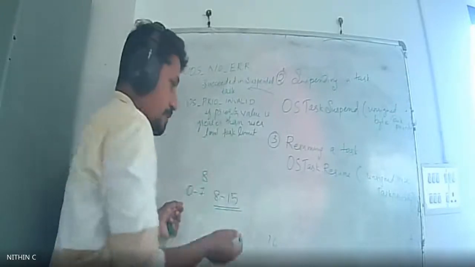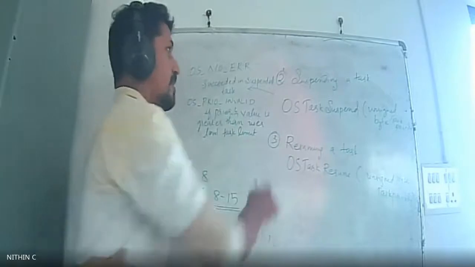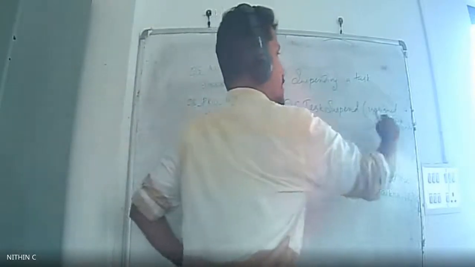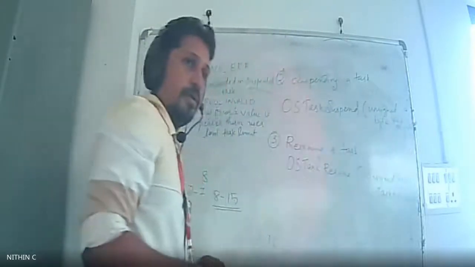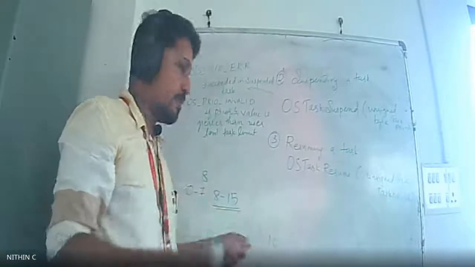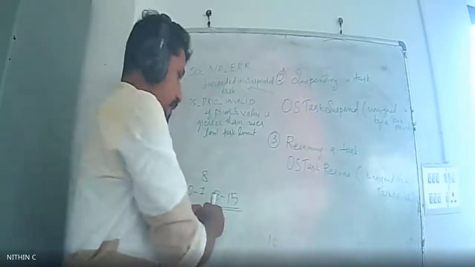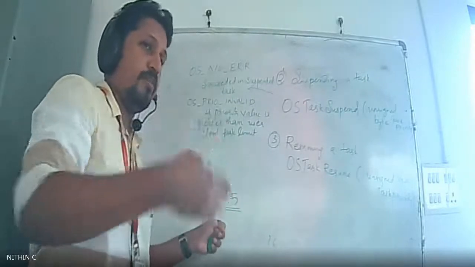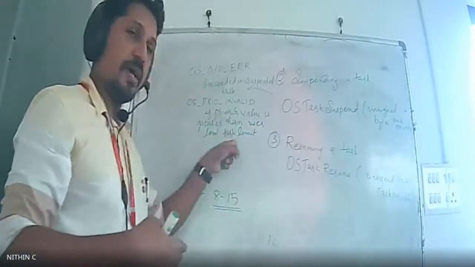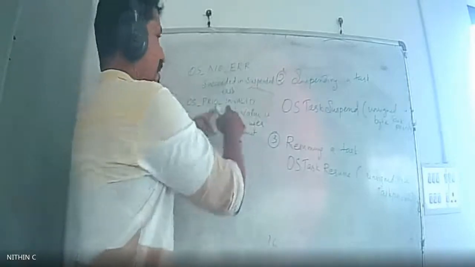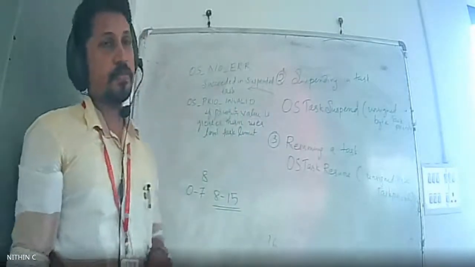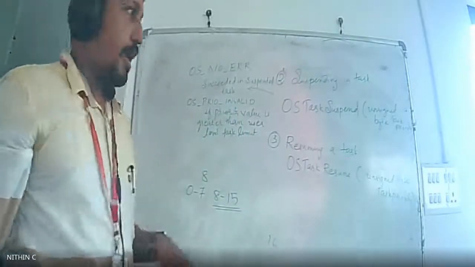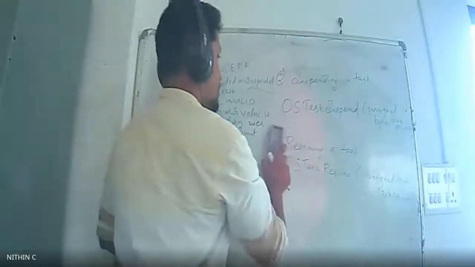So if you are using a priority value of 16, that is, OS task suspend 16, that is wrong, right? 16 we cannot access. We have permission to access only from 8 to 15. So if you are trying to access a priority which is greater than the user level task limit, you will get a message like this, OS prio invalid. I am telling all about this suspension function. Resuming we will discuss later.